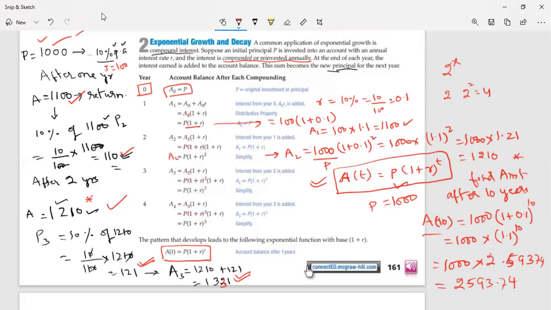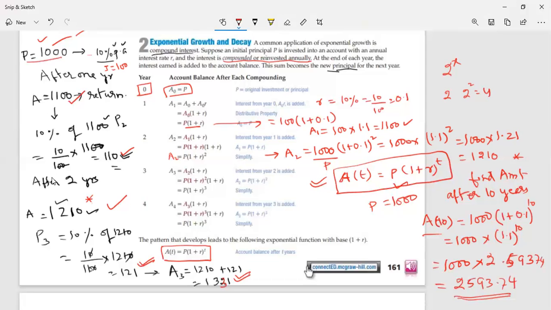So after 10 years, this much amount you have to return. You can see that 1000 was borrowed, but after 10 years, this is what we have to return. That's why it is called exponential growth in compound interest, but this is annually.